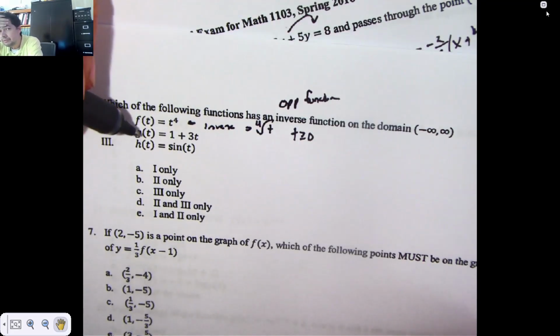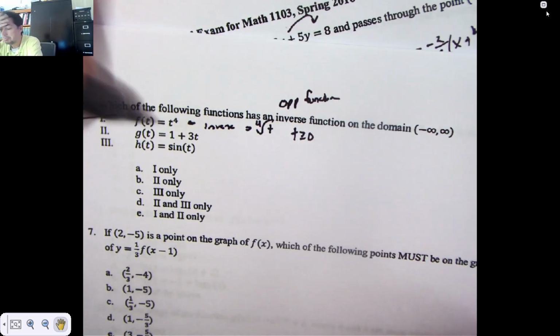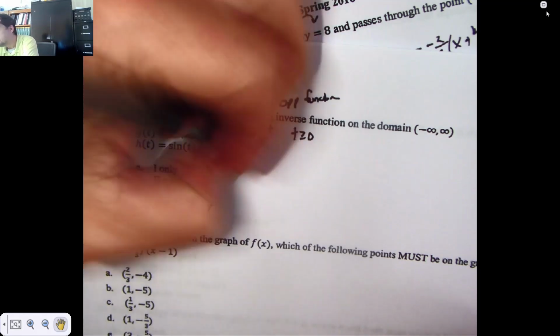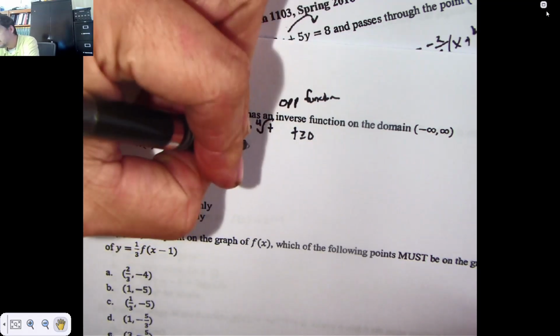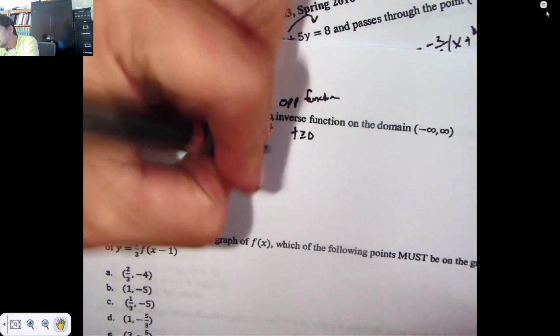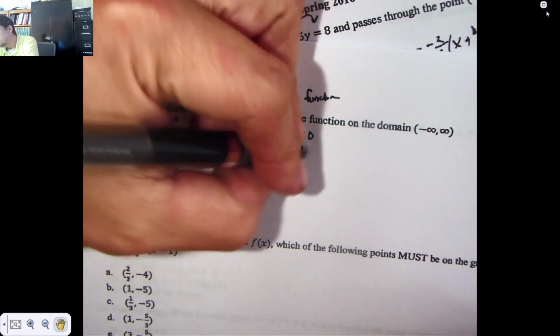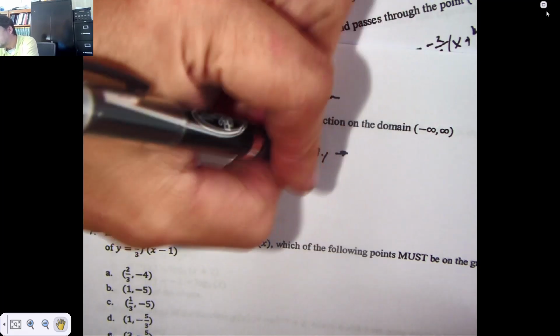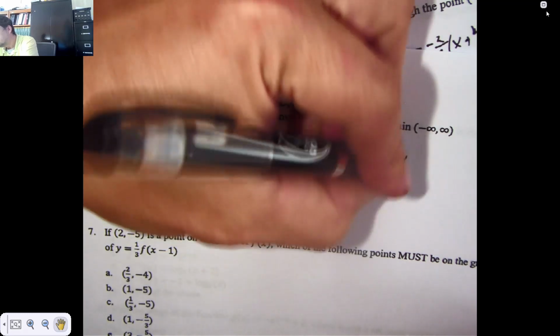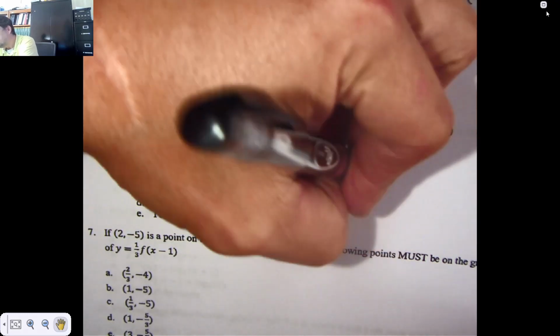This is a line. Let's write its inverse. To write an inverse, the first thing we do is swap x and y. That's what I'm going to do here. Then we resolve for y. So I'm going to subtract the 1, and I'm going to divide by the 3.